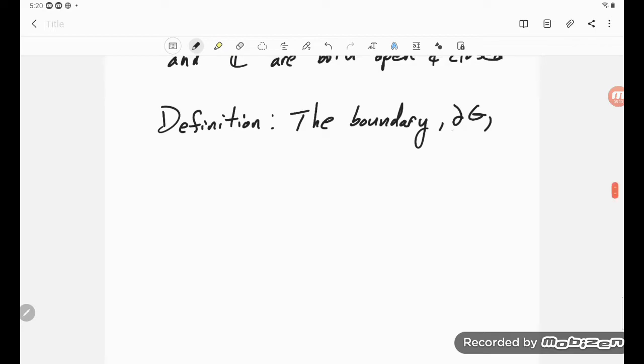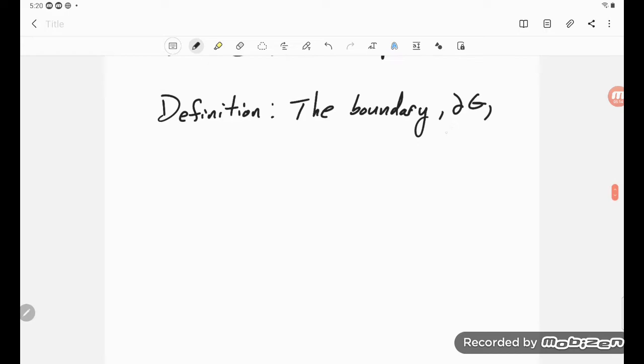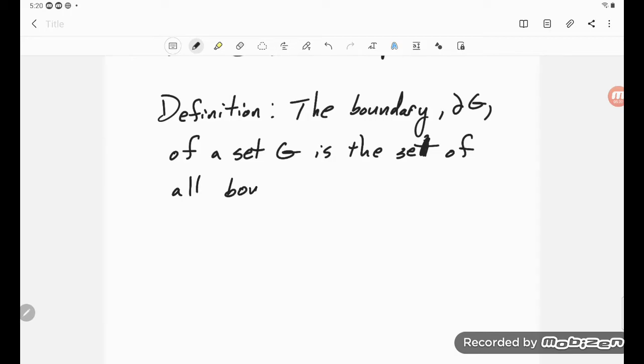So this del G here of a set G is the set of all boundary points.